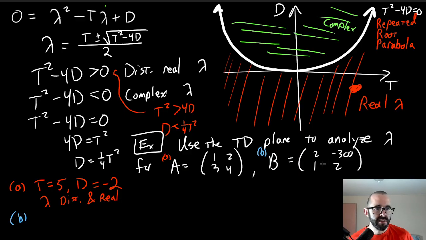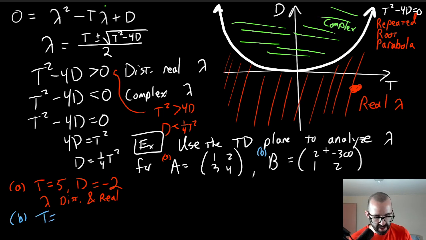Notice that my trace is not very big. But what I did is I made my determinant huge. I did that because I wanted a complex eigenvalue. And I knew from this picture that if I kept my trace not too big and made my determinant really, really big, I'd be guaranteed to be up here. And we'd have complex eigenvalues. So that's why I made that example.